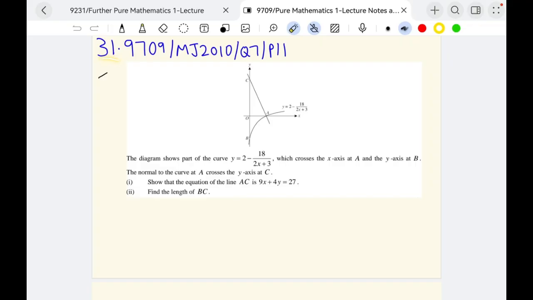This is a past year question from 9709, May/June 2010, question 7 from paper 11.